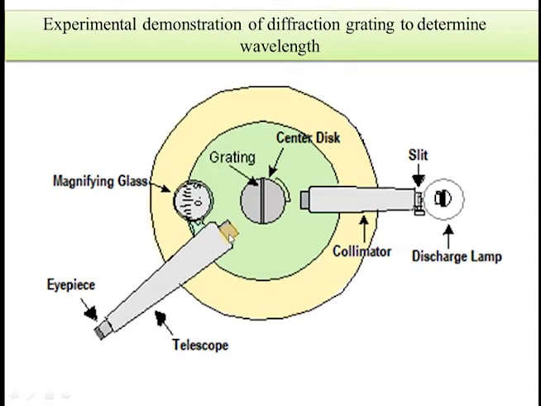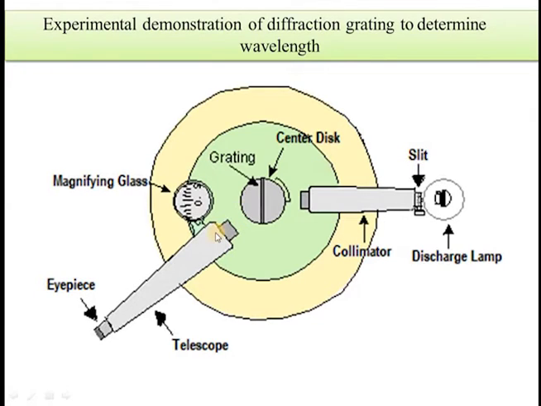So what you have to do first is, the telescope will normally have an eyepiece and an objective. We'll have to adjust the telescope so as to keep it fit for receiving rays from infinity. So we'll have to focus a distant object and try to get a clear image. Then the width of the slit can be adjusted with this screw.